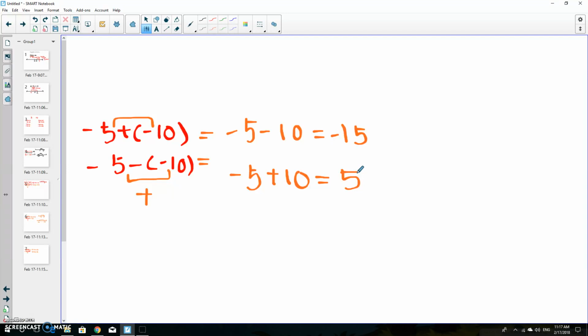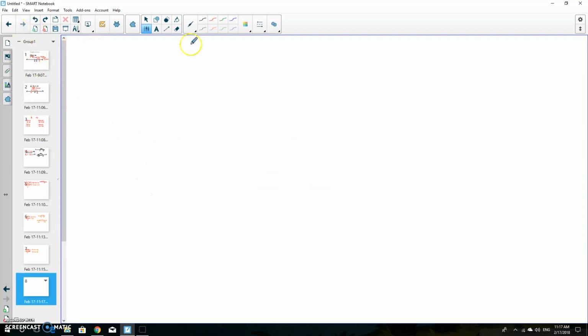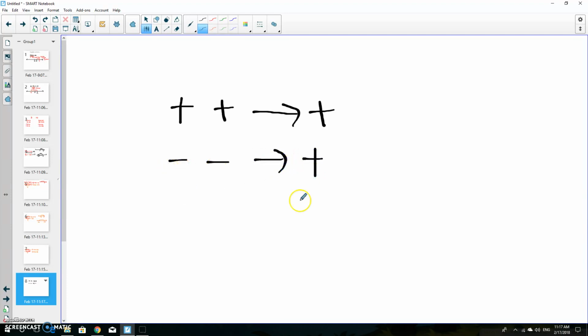And just to wrap this up, just in case you do not know, here is the whole list of when I do this, I turn that to subtract. Hopefully you'll be able to remember that. If you have two signs sitting right next to each other, if it's plus plus, it's going to be a plus. If it's two subtracts, like subtract a negative, it's going to turn into a plus.